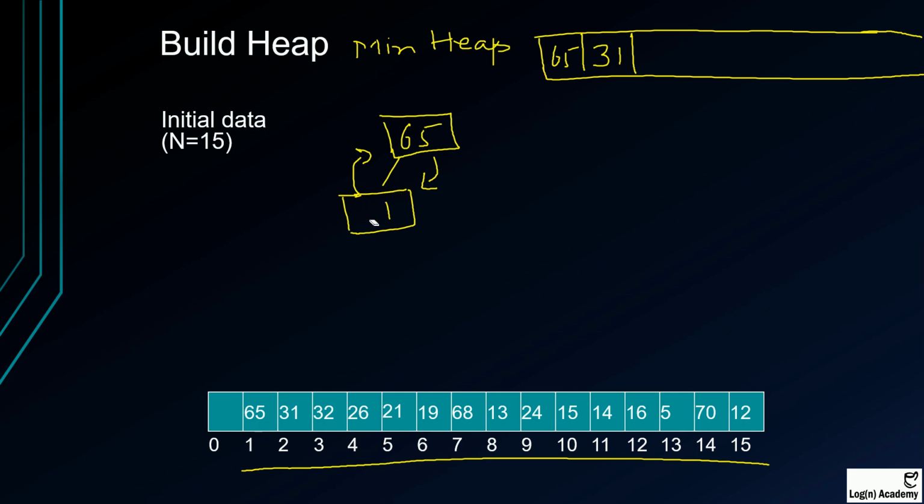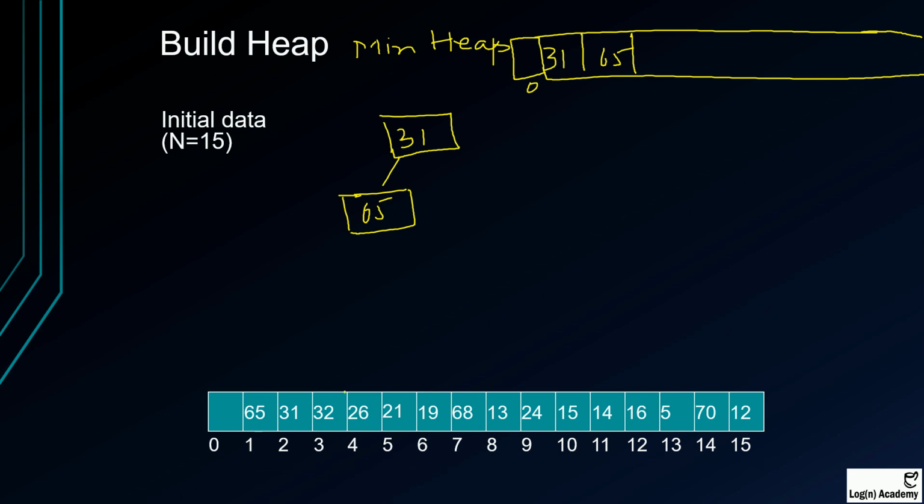So let me swap this: 31 will come here and 65 will go here. The same in the array: 31 will be the first node and 65 the second. Let's say this is index 0, which we are not using.